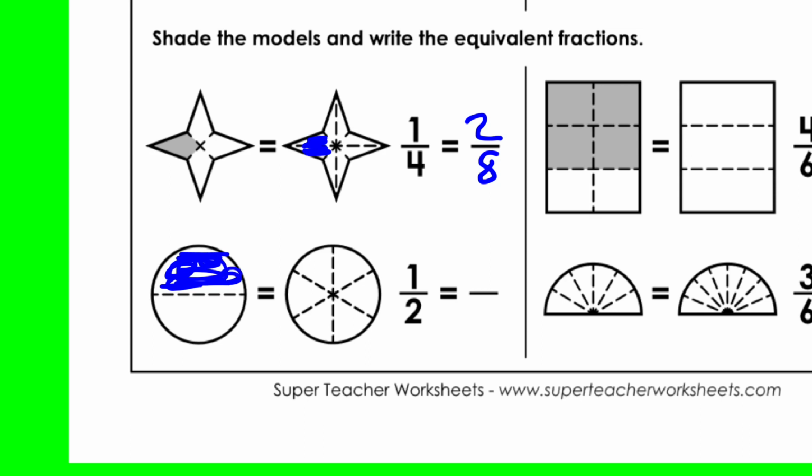It's not the best shading job. 1/2 is the same as, well, I need to shade 1/2 on this one. So here's 1/2, that's 1, 2, 3 out of 1, 2, 3, 4, 5, 6. So that's the same as 3/6.